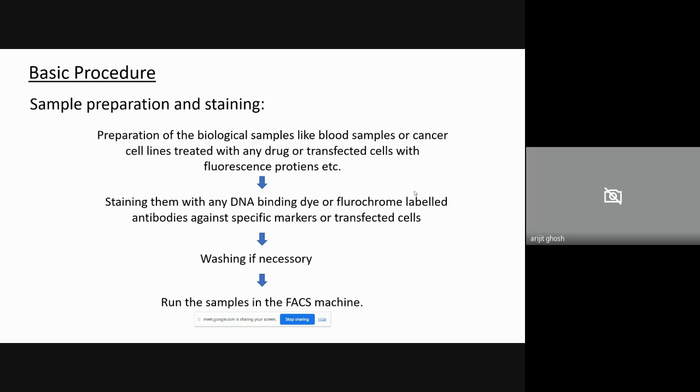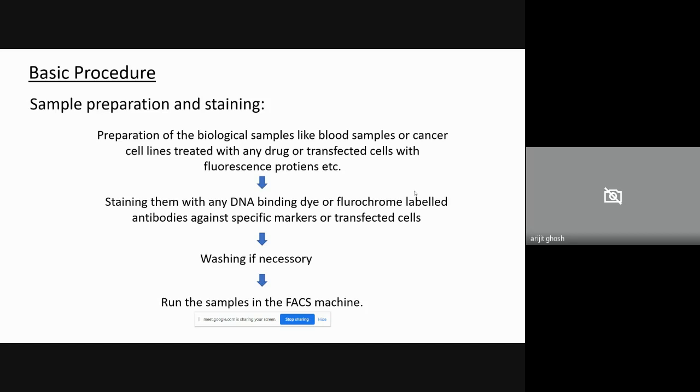Or if you are trying to see some markers, like surface markers or any proteins inside the cells, you can label them with an antibody which is labeled with a specific fluorochrome.